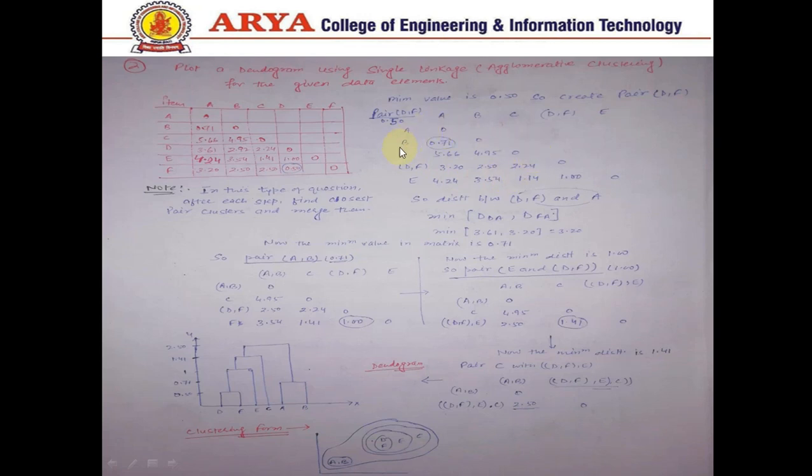Then we put in all the values and find the next minimum value, 0.71, so we pair B, A. Then we find pairs and the process is repeated until all the pairs are formed.